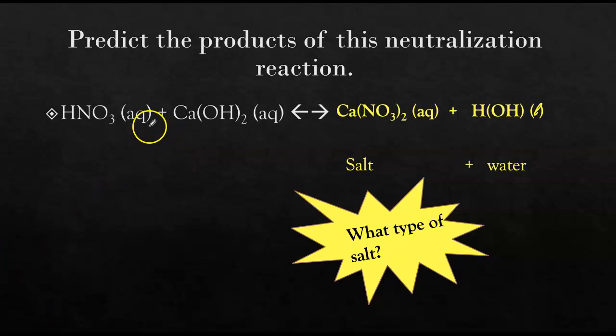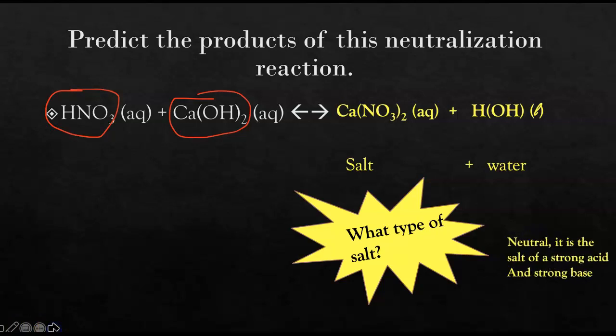So once again, I'm going to have to look back at the acid that I have here and the base and determine their strength. And so obviously it is going to be a neutral salt because nitric acid, HNO3, is a strong acid, and calcium hydroxide is a strong base.